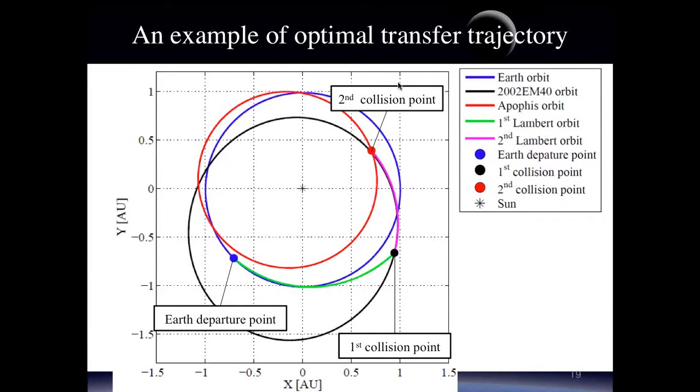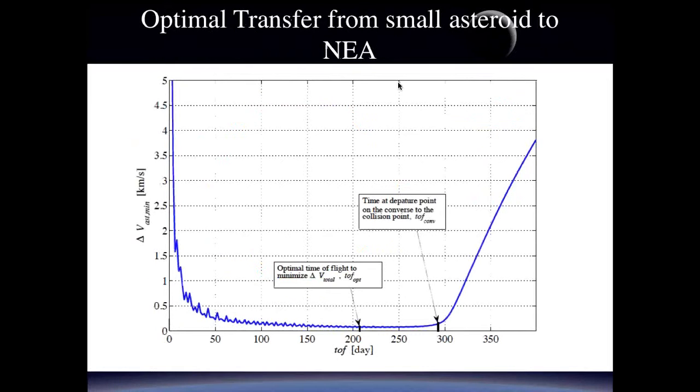In this figure, the green and pink lines show the transfer trajectory from Earth to the small asteroid and from the small asteroid to the near-Earth asteroid. We can see that the second dumbbell trajectory, described in the pink line, is almost the same as the original small asteroid's trajectory.